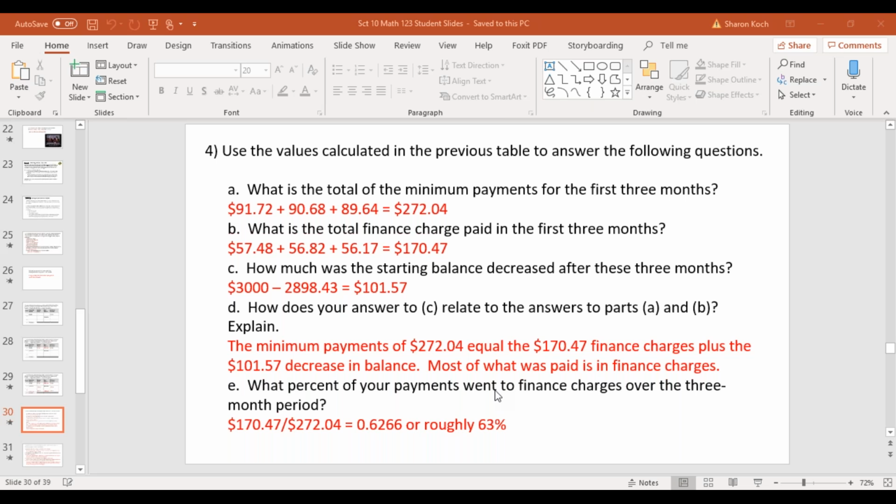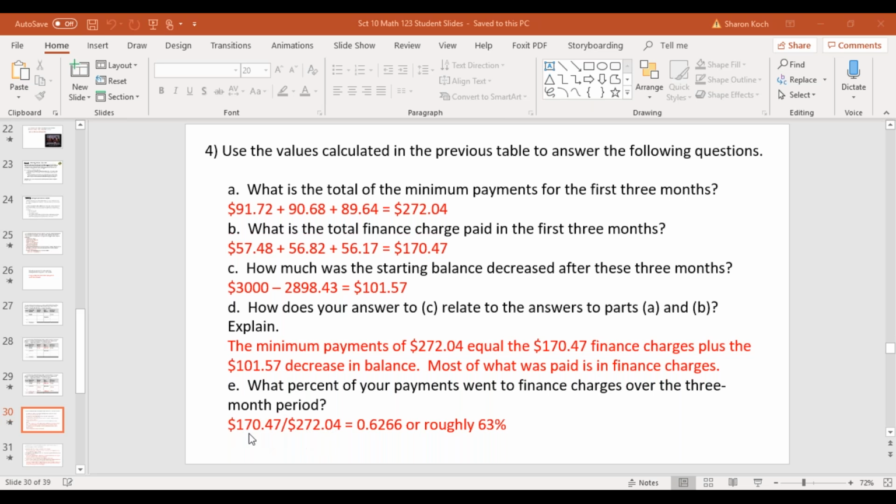So remember, percent is the same thing as the amount over the base, or the part out of the whole. If we're looking at what percent of our payments went to finance charges, the finance charges are the part, and the whole is all my payments.